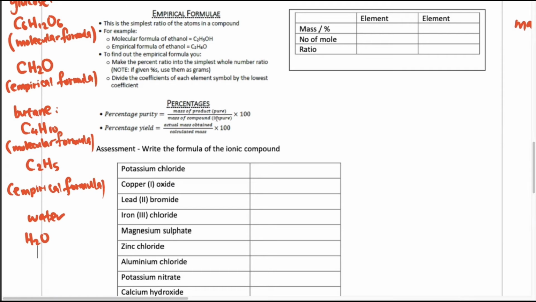So we find out the mass of gold in the ring. Divide by the mass of the whole ring. We have to know that in the ring, not 100% of the ring are made of gold. They should have some impurity.